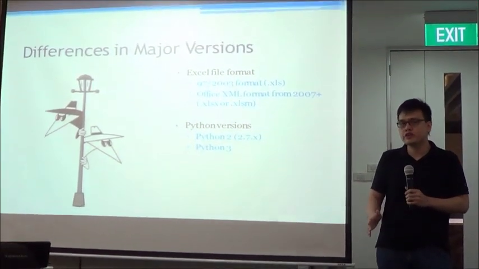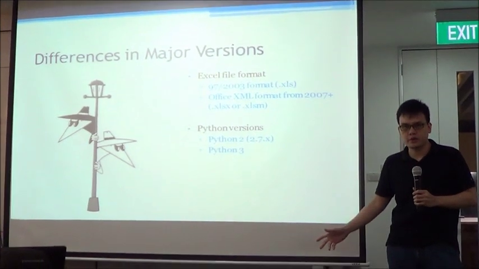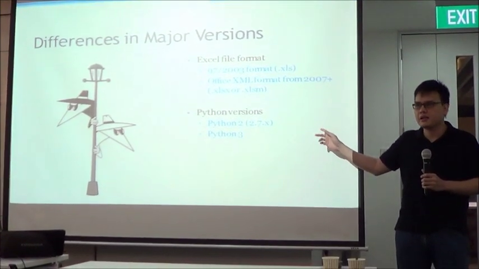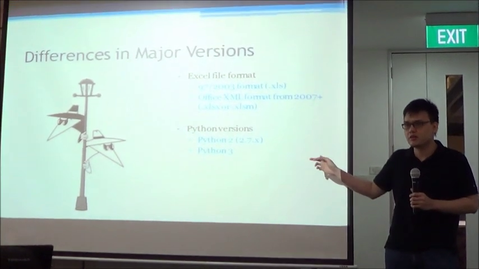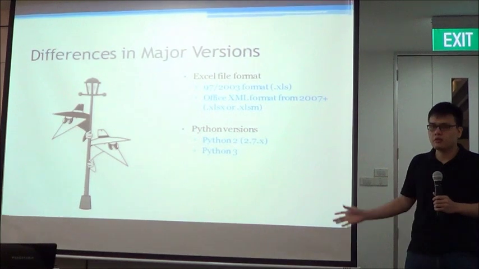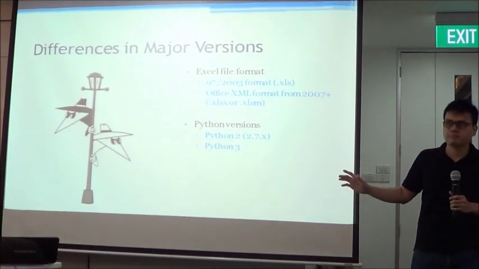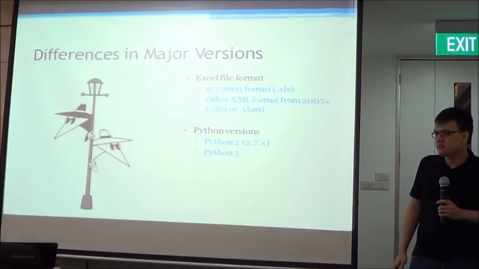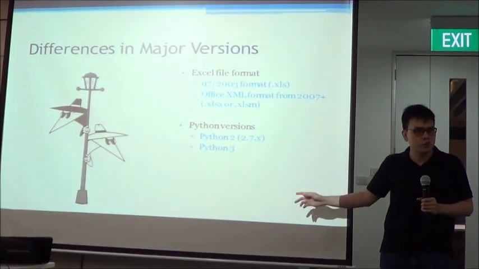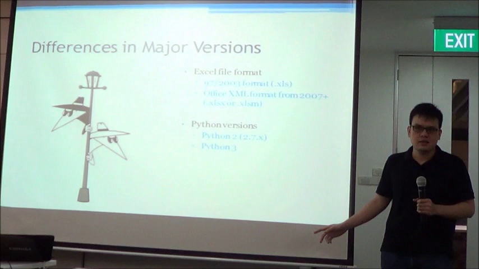So version 2007 onwards uses the XML format. You'll know this because the file name ends in XLSX, or XLSM for the macro-enabled workbooks, and the old format is the XLS format, okay?